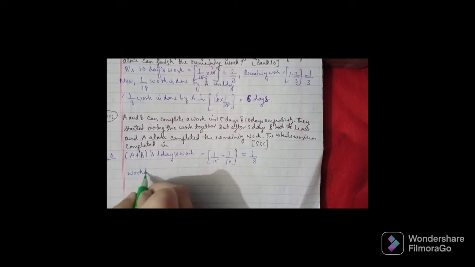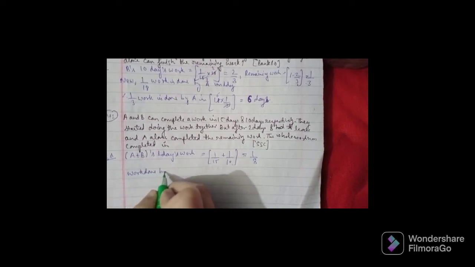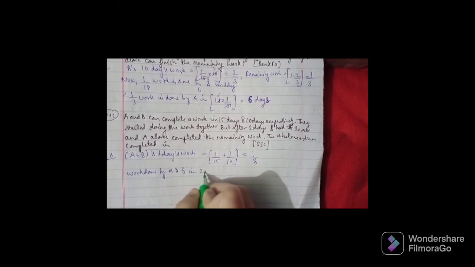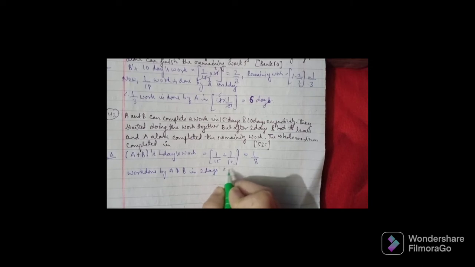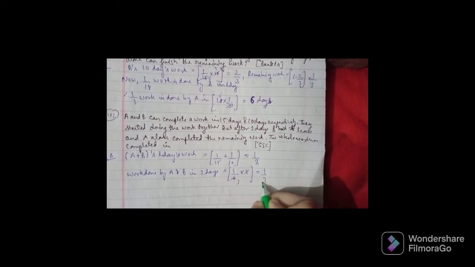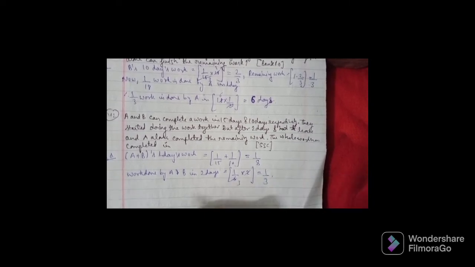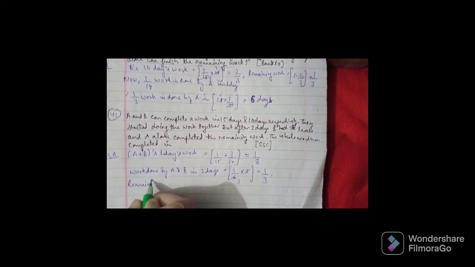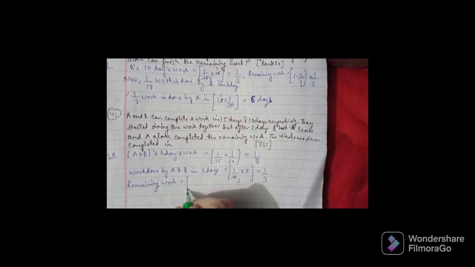Work done by A and B in 2 days equals 1 upon 6 into 2, which equals 1 upon 3. Remaining work is 1 minus 1 by 3, which is 2 by 3.